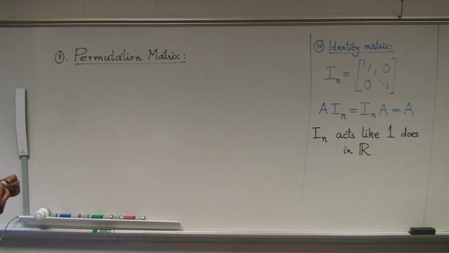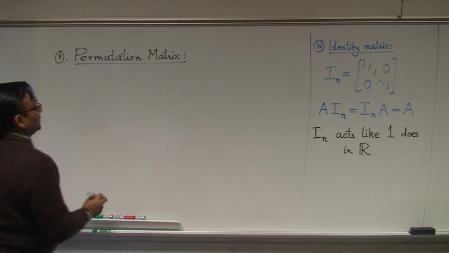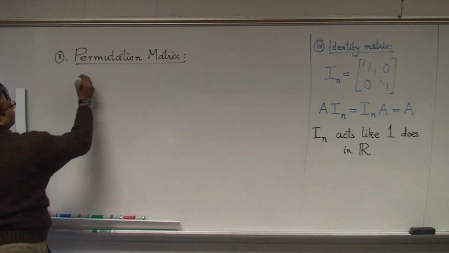So the permutation matrix is basically a matrix obtained by permuting the rows of the identity matrix.